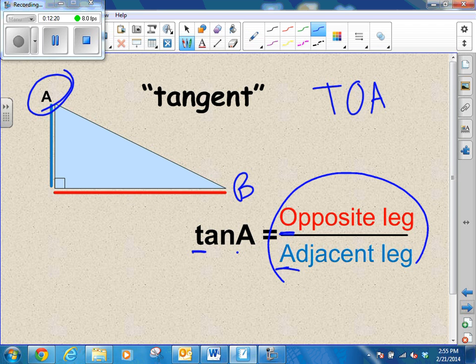What else do I have to have for this equation? I have to have an angle, and you have to have your trig function. You have to have sine, cosine, or tangent. So bottom line, you have to have a trig function, you have to have an angle, and you have to have a side ratio. Those last 2, the angle and the side ratio, are the 2 things we're going to solve for. You're never going to solve for sine, cosine, or tangent, what it actually is. Does that make sense?